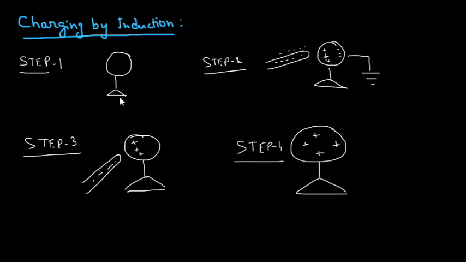Now the sphere becomes positively charged, as seen in the third step, and in the fourth step it is evenly distributed throughout the sphere. So this explains the charging by induction.